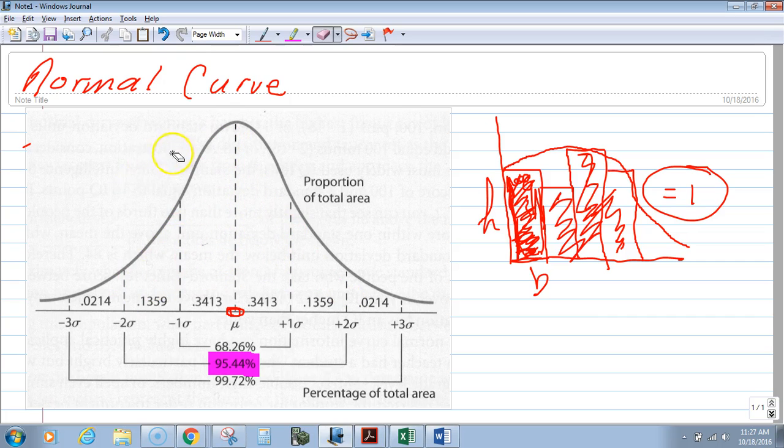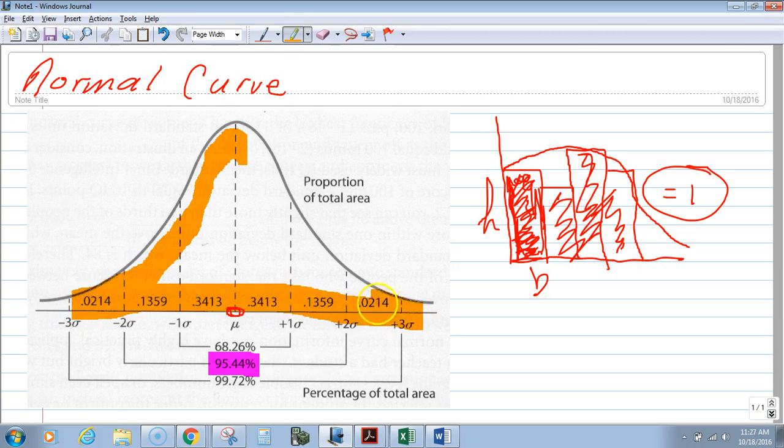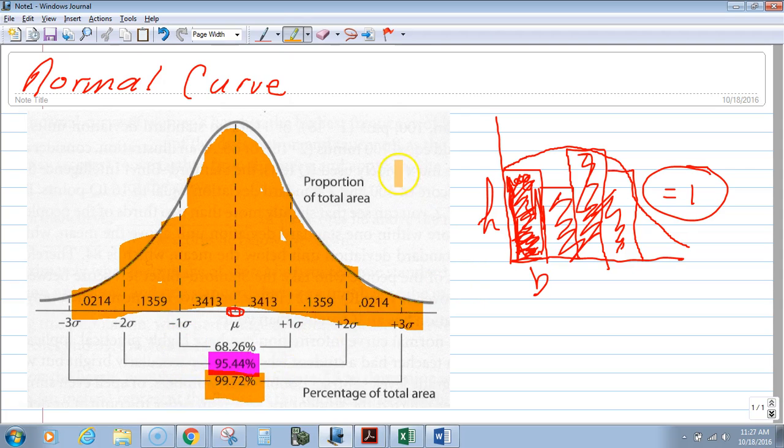And then last but not least, we know everything from -3 standard deviations to +3 standard deviations is going to give us 99.72% of all of our data. So anything on the outside is not going to be very common, right?